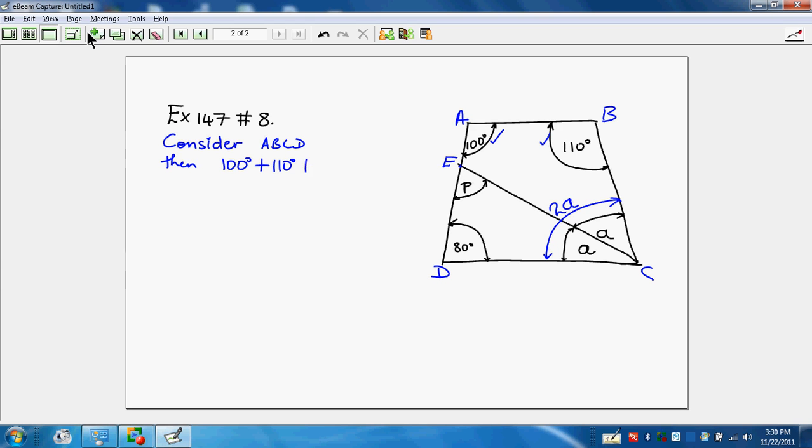So we're adding that as well, plus 2A plus 80 degrees. Those will be the sum of the internal angles of A, B, C, D. So we could say that those angles, when added together, will give us 360 degrees. And of course, the reason for that is that these are angles in a quadrilateral.